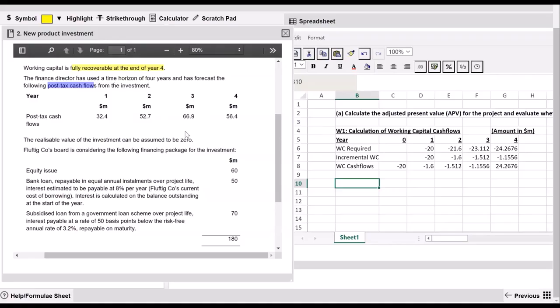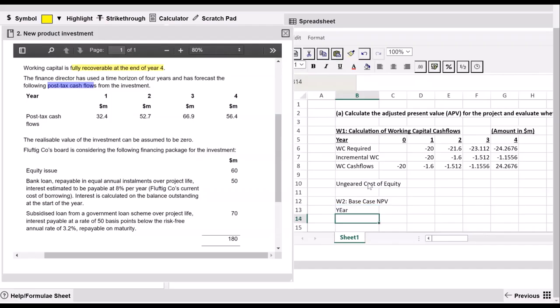In order to calculate the base case NPV, we need the ungeared cost of equity, and using that, working note number two should be about calculating the base case NPV.